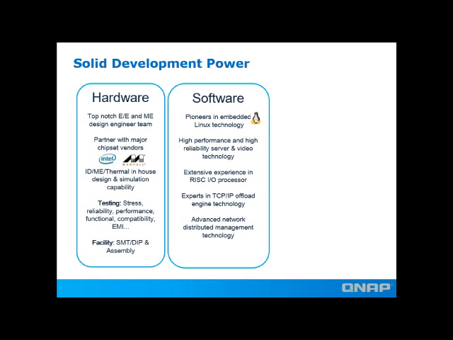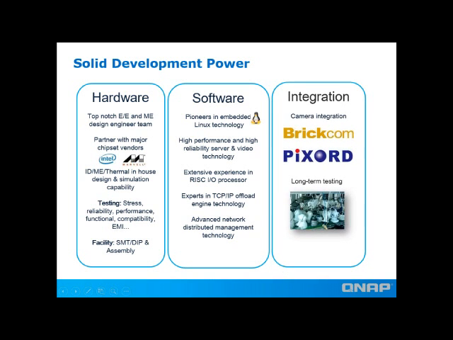So when you need support for any kind of software or hardware issues, we can give you all the support in one house, under one roof. And lastly, we have very good relationships with distributors such as CMT and also camera manufacturers like Brickcom and Pixord. We do a lot of long-term testing on these new cameras before we release them to our customers.